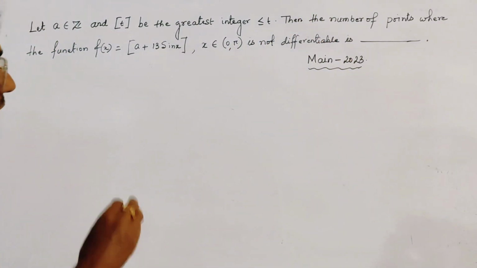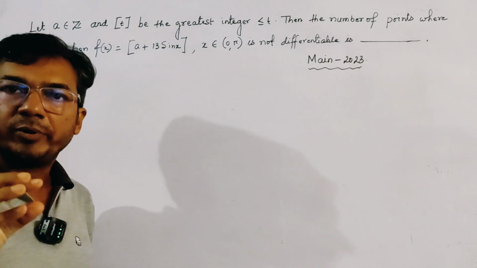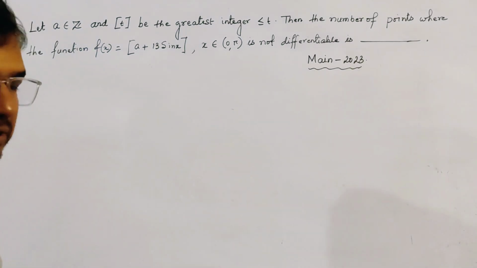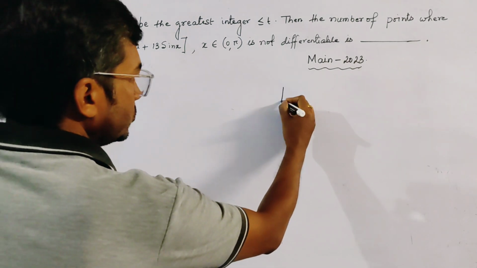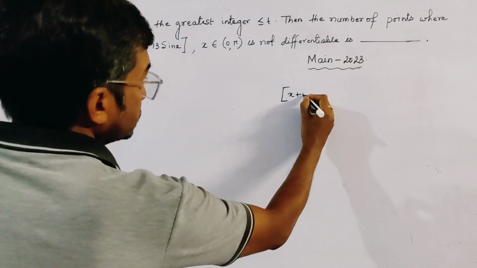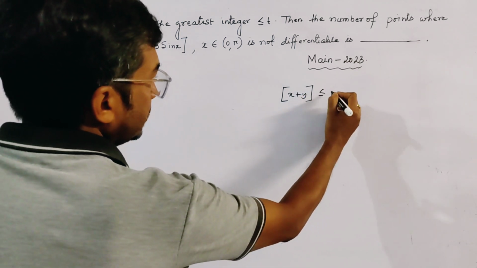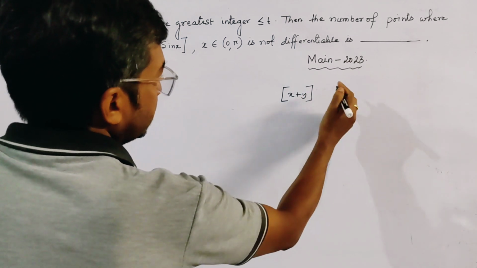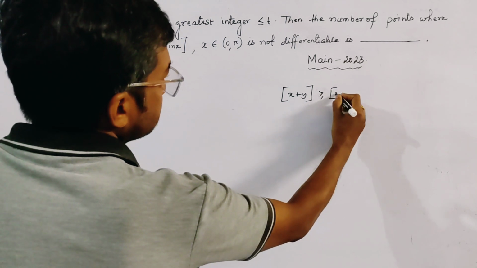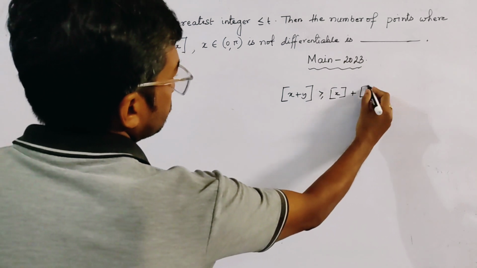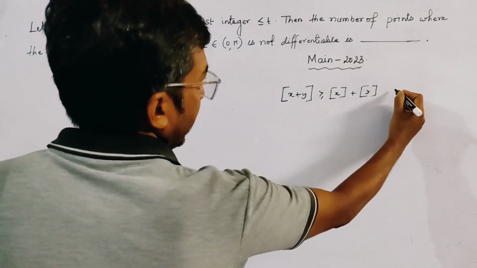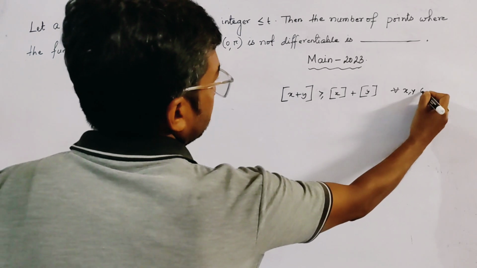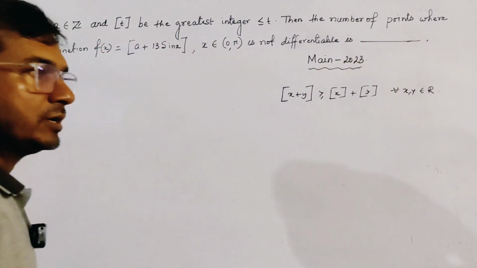Okay. Here we use two important properties of the box function [x]. The first property is [x + y] is greater than or equal to [x] + [y], for x, y belonging to any real number.